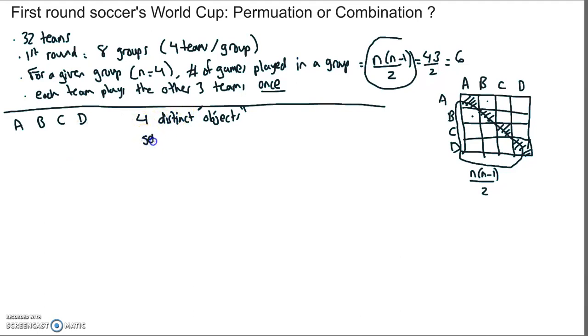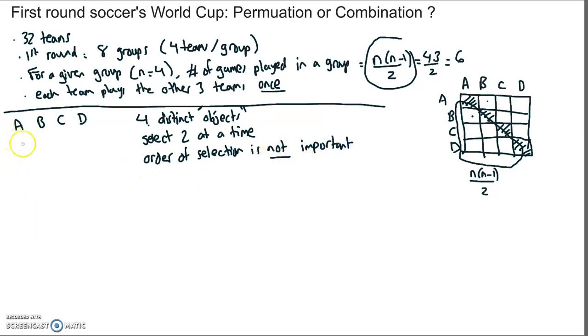Out of those 4, we select 2 at a time. And the important thing here is that the order of selection is not important. This is really the key point here. The order of selection is not important.